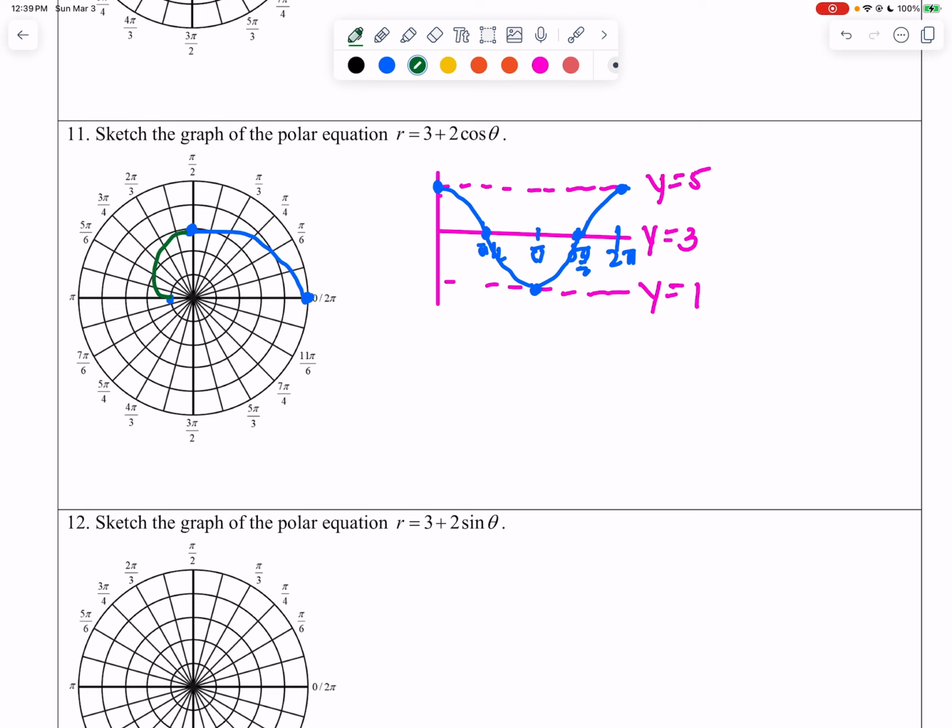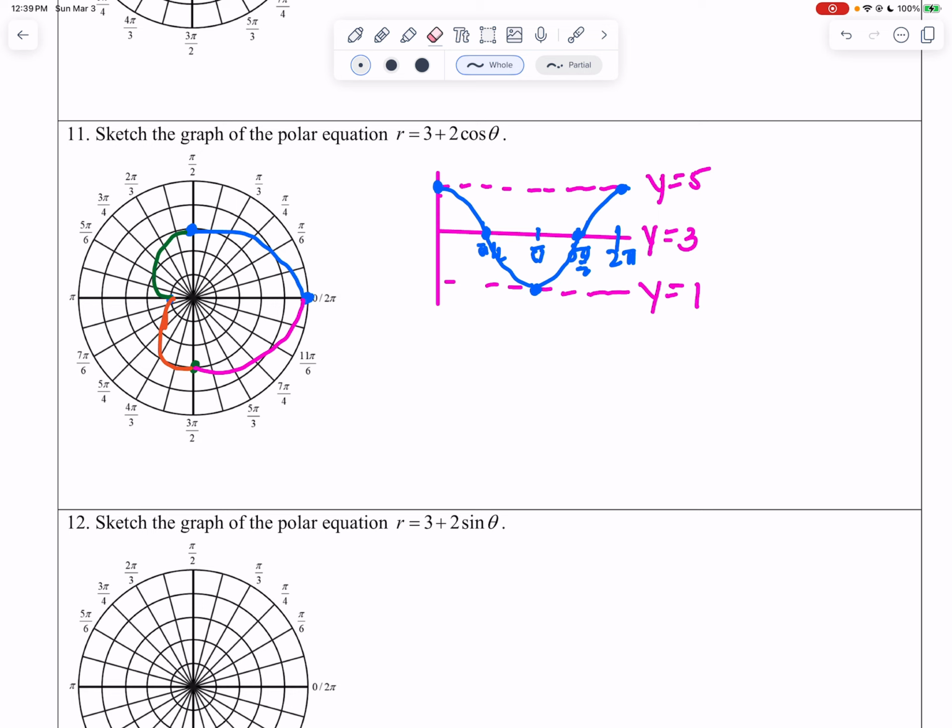So at 3 pi over 2, we have 3. 1, 2, 3. We're increasing. And then from 3 pi over 2 to 2 pi, we are going back up and we are increasing. So it looks like, okay, that lovely thing right there.